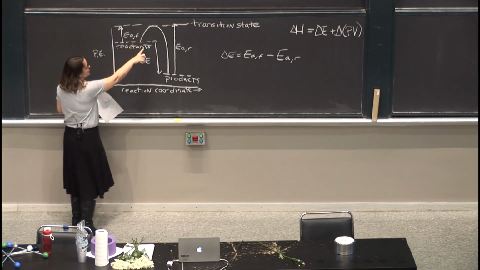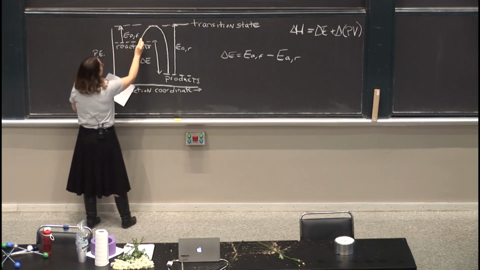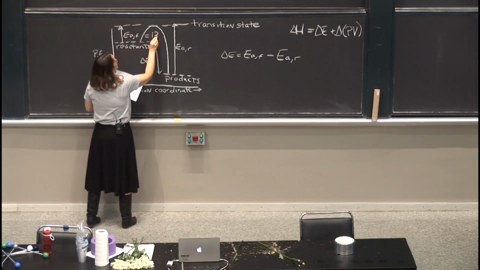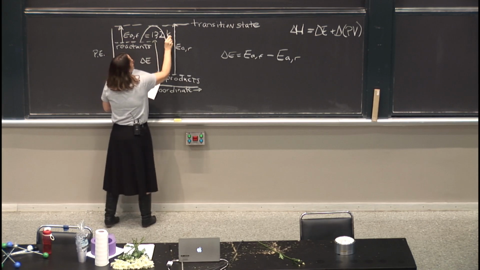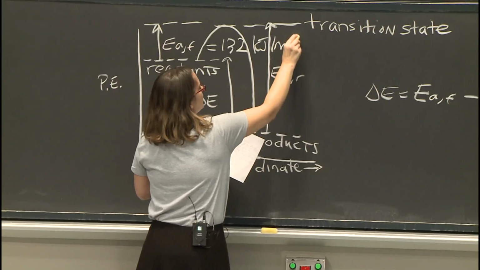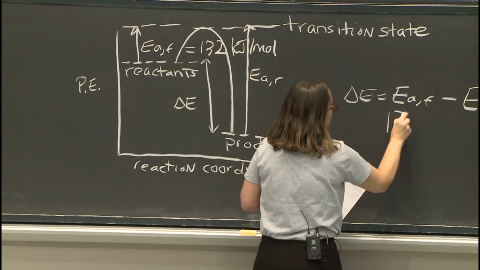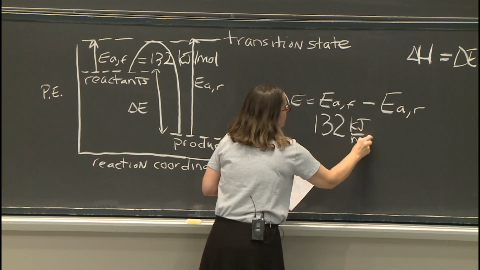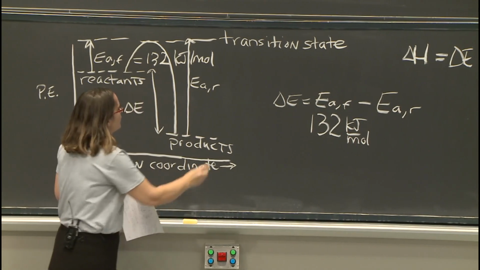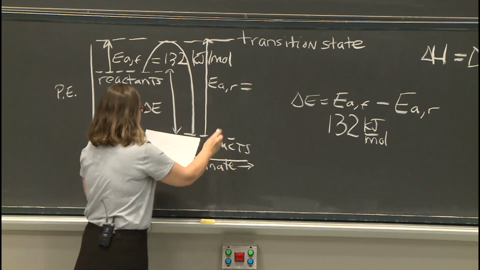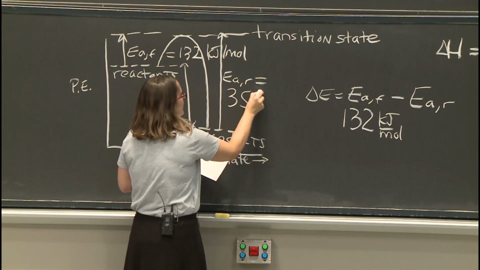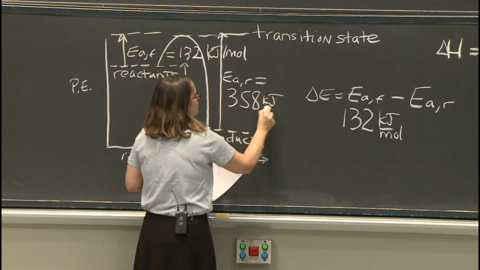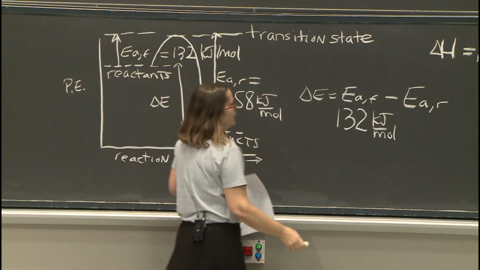The activation energy in the forward direction is not in your notes, so I'll write it down: 132 kilojoules per mole. I'll also put it here a little bigger, 132 kilojoules per mole. And for the reverse reaction, it's 358 kilojoules per mole.